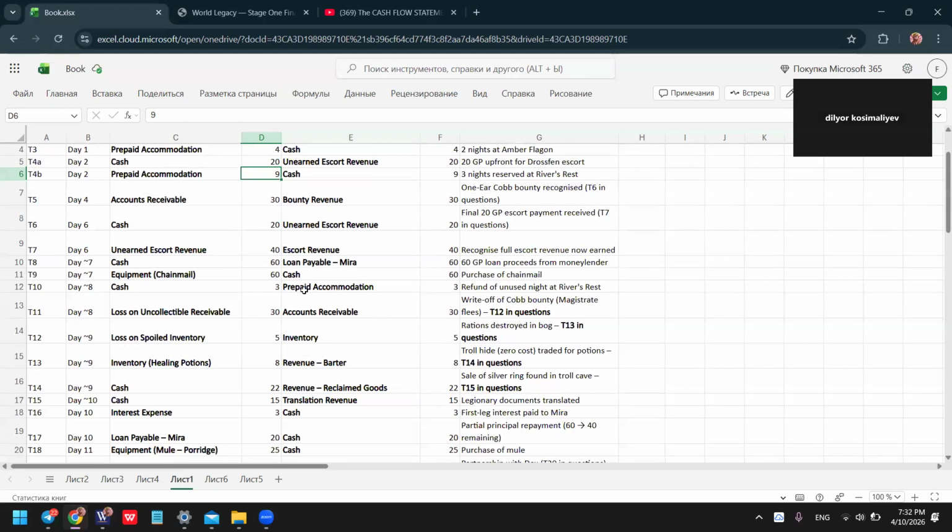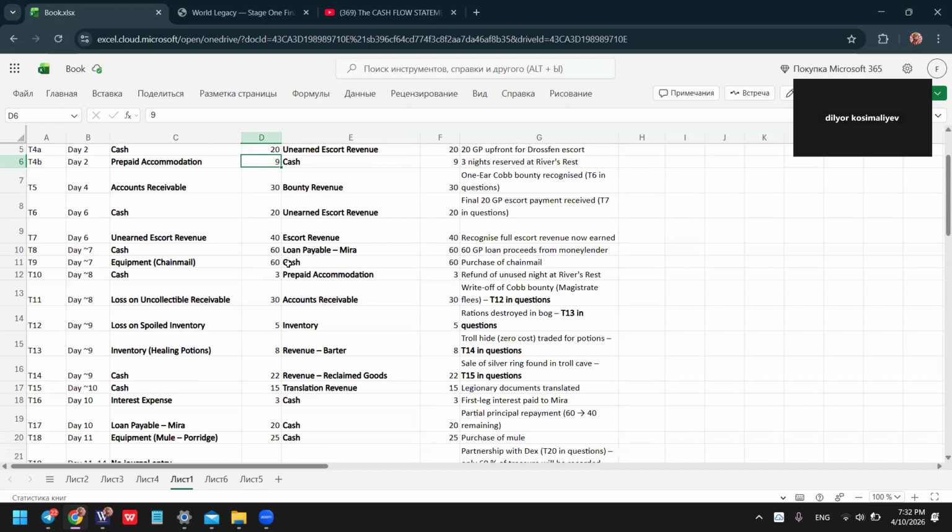She received a refund from the hotel, 3 golden pieces, because she didn't stay for the short night, right?